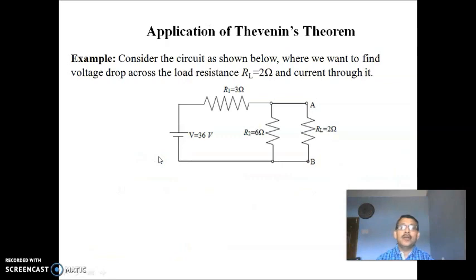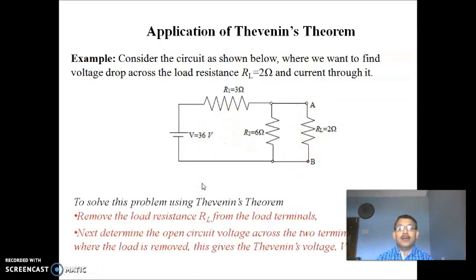To solve a simple problem, I consider this example. We consider this circuit which has a load resistance of 2 ohm. We want to find the voltage drop across the load resistance by using Thevenin's theorem.